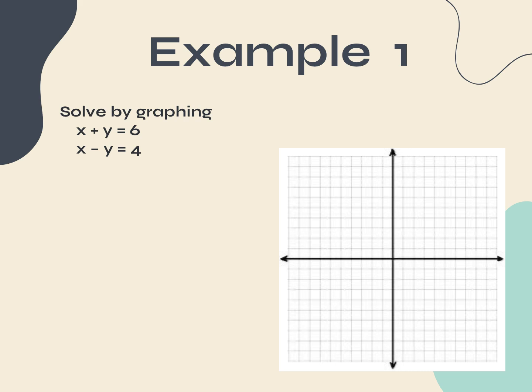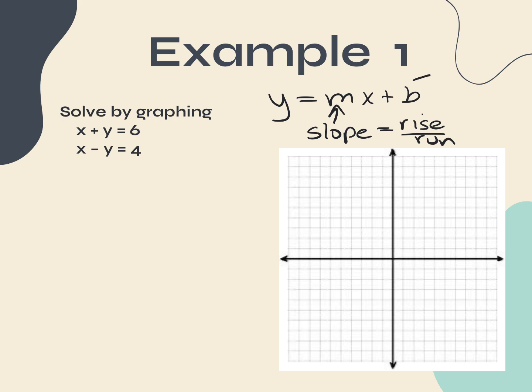So when we graph lines, you can either choose to put them into slope-intercept form. And remember, slope-intercept form is y equals mx plus b, where m is your slope. Remember, slope is defined as rise over run. And the b in this is our y-intercept.